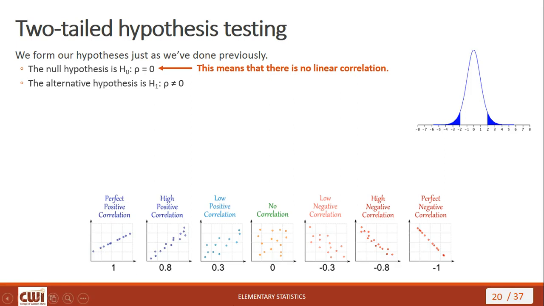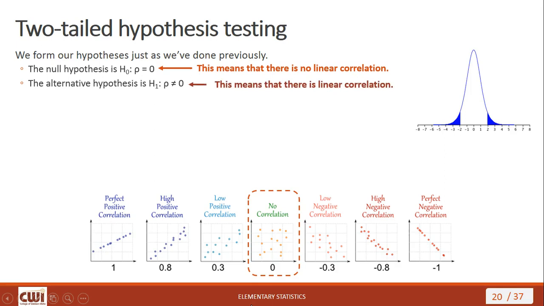Because again, remember the scale that we had before when we learned about interpreting values for r. 0 is right in the middle of that range of possible r values. And when you have an r value of 0, you have no correlation between your data points. So you're in this region of the range if the null hypothesis is true.